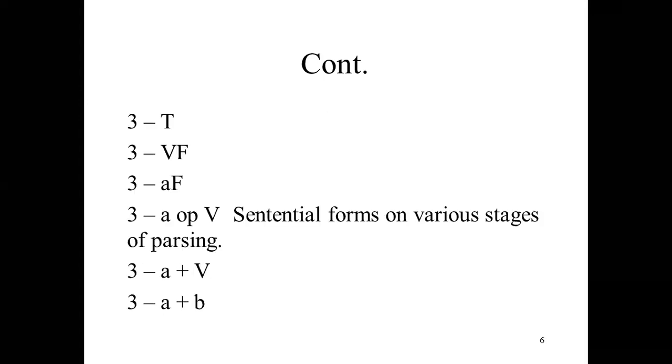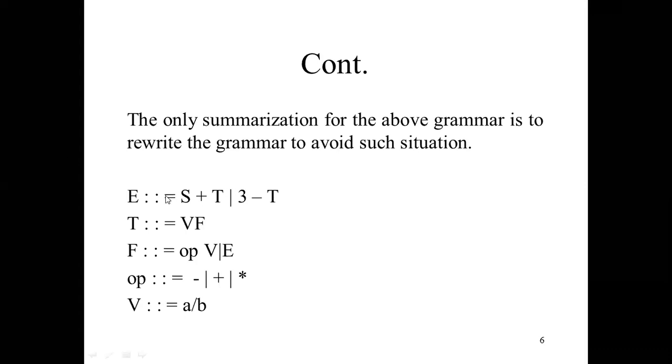Now you can see here, if we are choosing E as 3 minus T, because our expression is 3 minus A plus B. So we have to choose this option 3 minus T. Okay, it is understood.